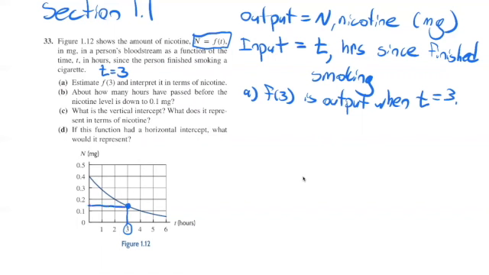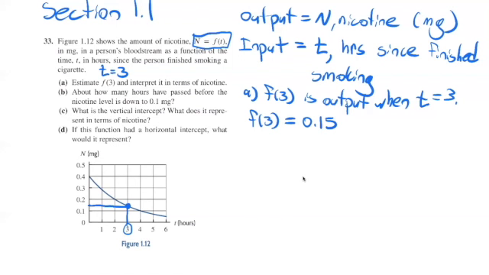From here, I can see the output value N is somewhere between 0.1 and 0.2. So I could say that f of 3 is approximately 0.15. We use the squiggly symbol for an approximation, but because we're estimating here, it would be fine to just say f of 3 is equal to 0.15.